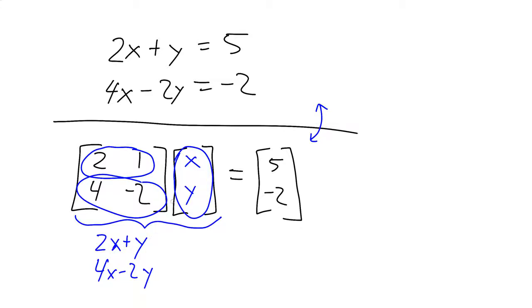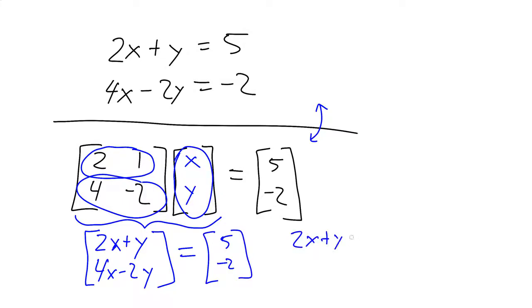And then it won't surprise you to know that if 2x plus y, 4x minus 2y, that vector, is equal to the vector 5, negative 2, then that's just another way of saying that 2x plus y is 5, and 4x minus 2y is negative 2, right?